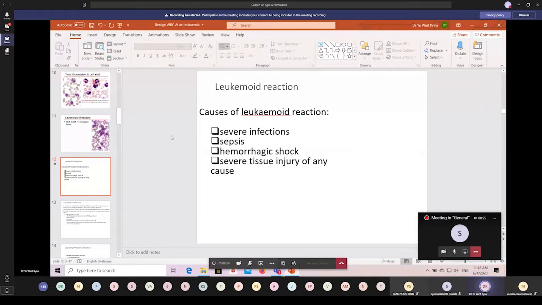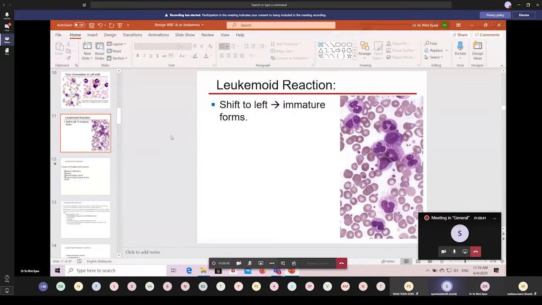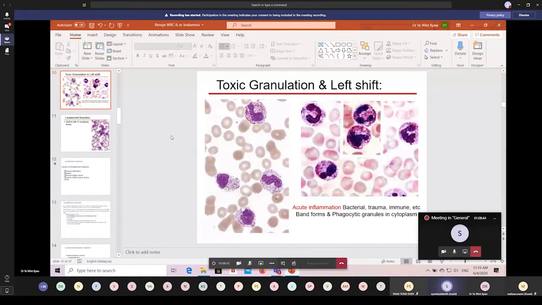Do you understand this toxic granulation? Any question? Doctor, toxic granulation means what kind of things the cells release? Do they still release histamine or something else? That means severe infection. In severe infection they need to respond and fight against bacteria, so the granules become toxic granules.